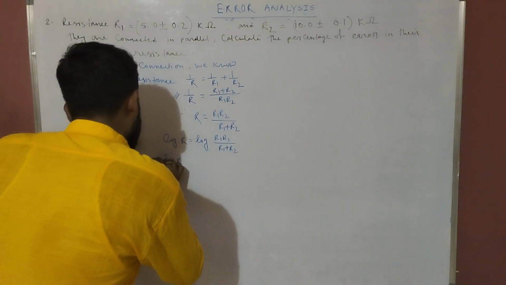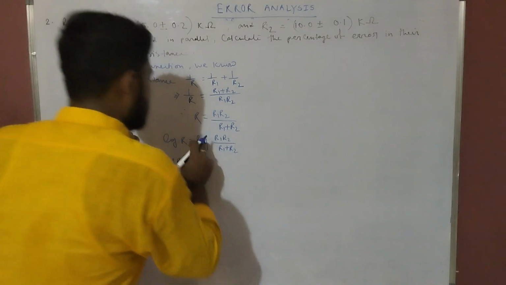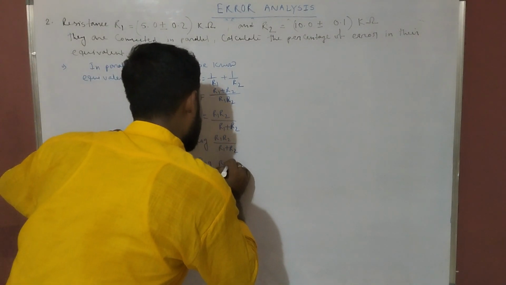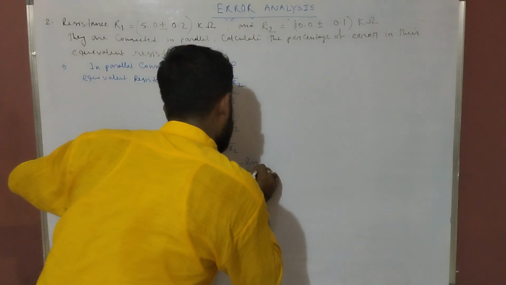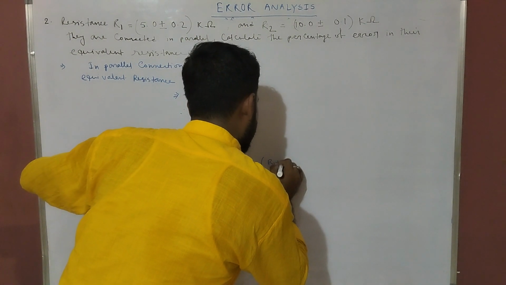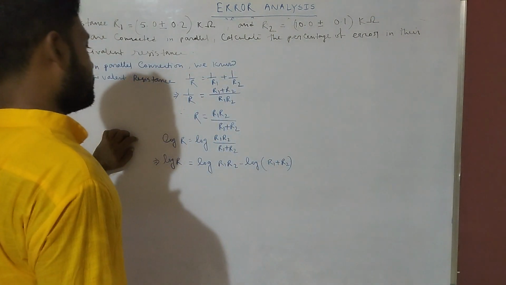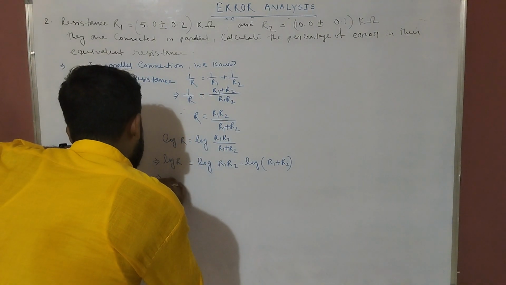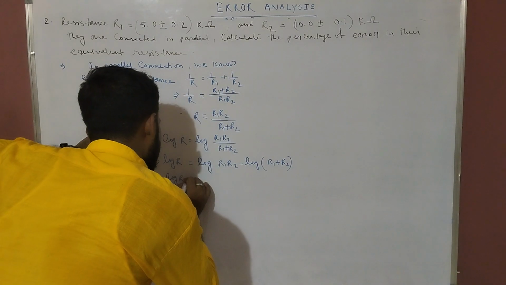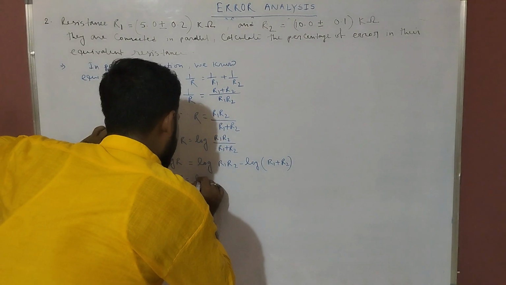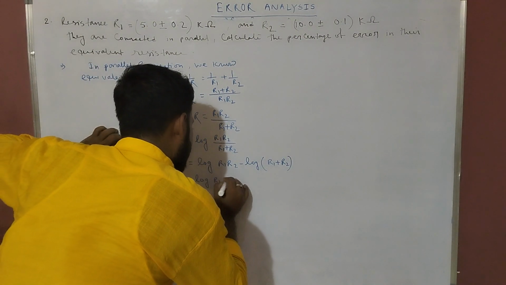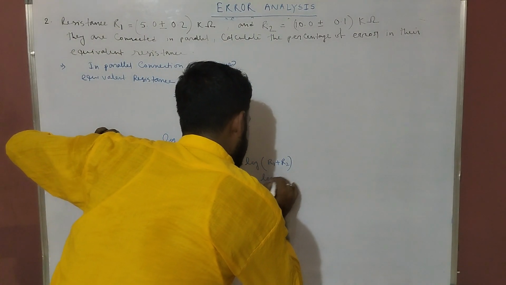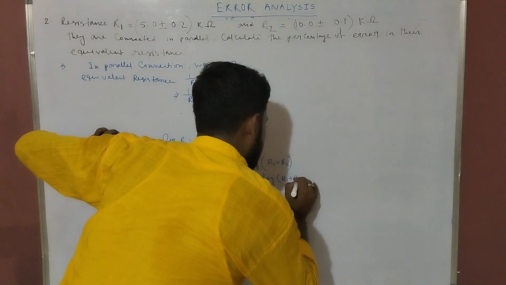Now log R, this is log A by B, so we can write log a minus log b. And log AB means log a plus log b. So we get log R1 plus log R2 minus log of R1 plus R2.